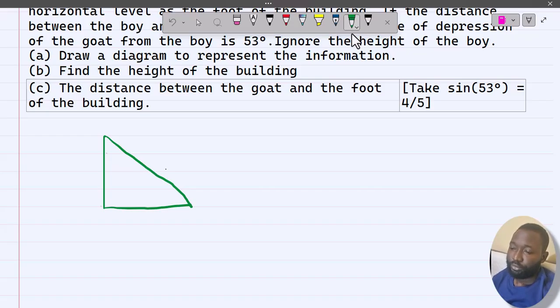Here becomes the boy. Here becomes the foot of the building, and here becomes the goat, right? And we said the distance between the boy and the goat here is 15 meters.